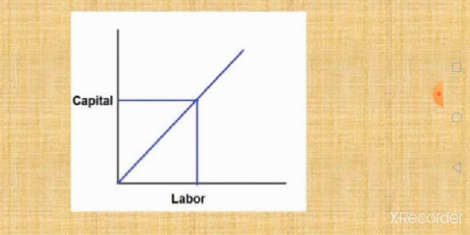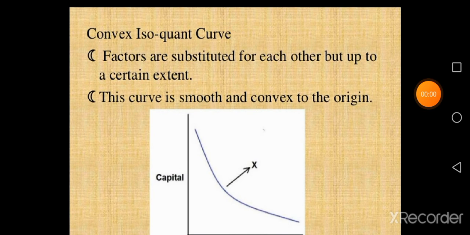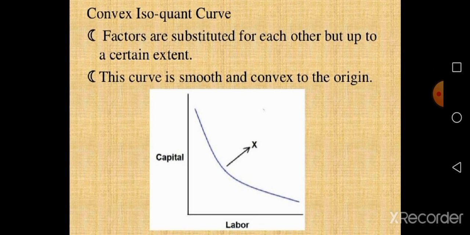The next type of isoquant curve is the convex isoquant curve. In this convex isoquant curve, factors are substitutes for each other but only up to a certain extent. They are not perfect substitutes like in the right angle isoquant curve.